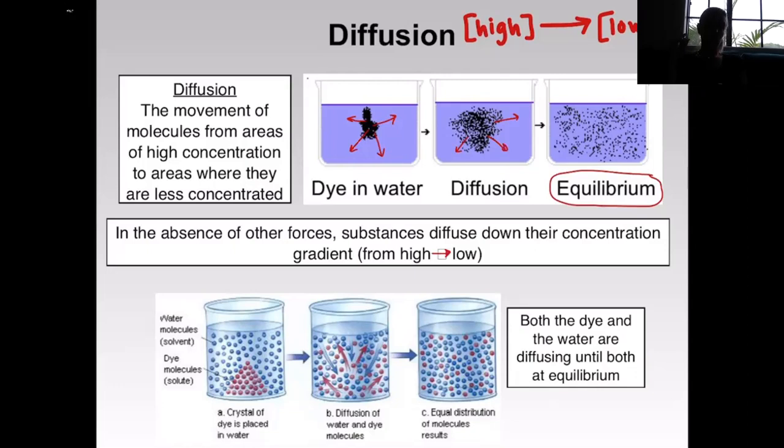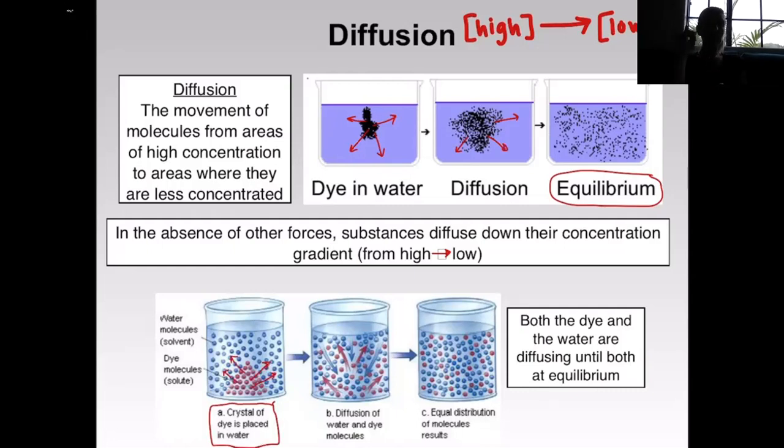One thing that I think is really cool that I never really thought about before I started teaching this stuff is that both the dye and the water are diffusing down their concentration gradients until equilibrium. So for example here in A, we have a crystal of dye placed in water. That crystal of dye is going to be moving away from its high concentration into the water, which has very low concentration of dye.